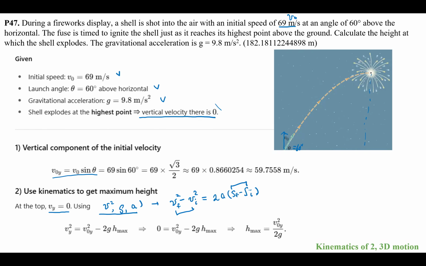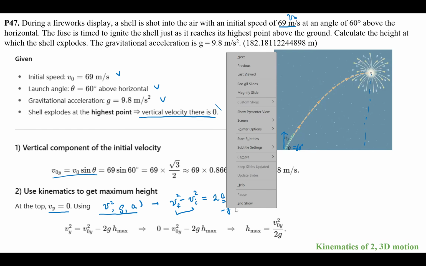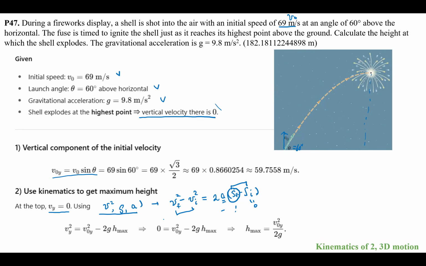So we note that initial distance is 0 along the vertical direction, and we need to find this distance. And we know that a is given by minus g. Okay, so if you set it up, then you have this equation for the motion of the shell along the vertical direction.